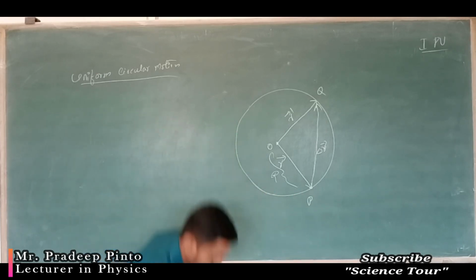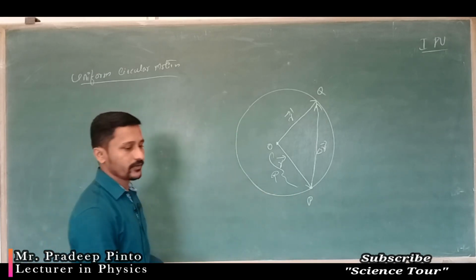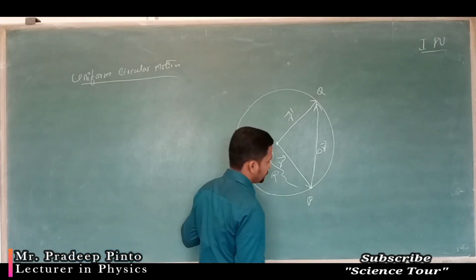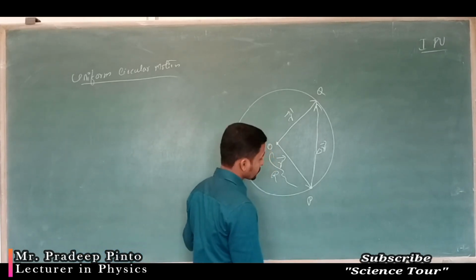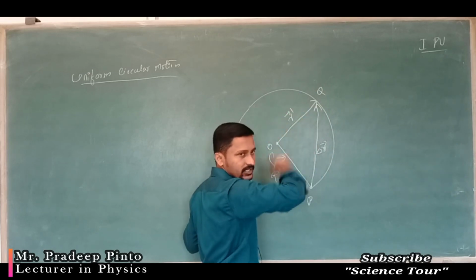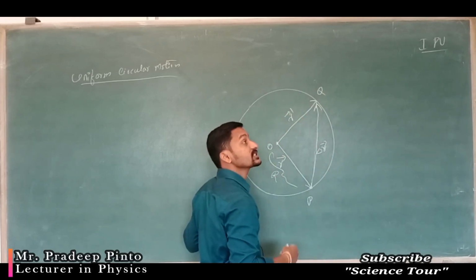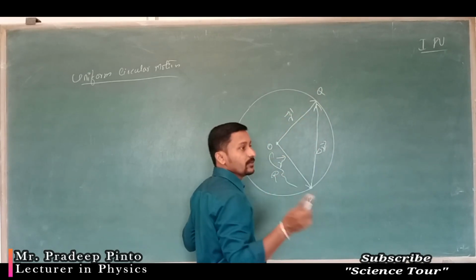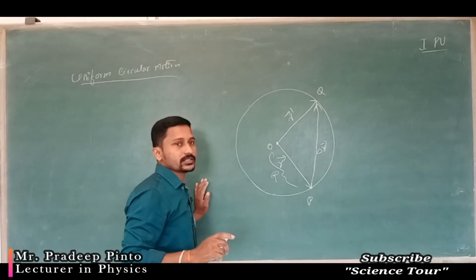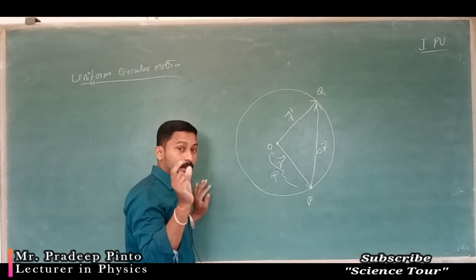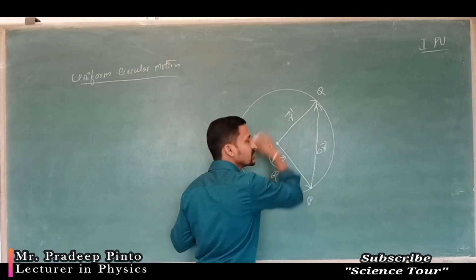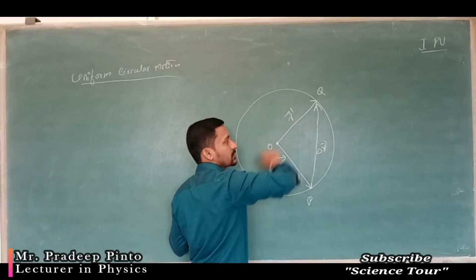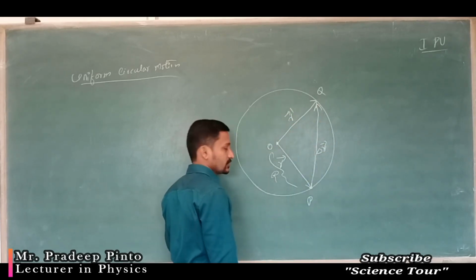Now I am going to write down what the velocity is. It is moving in a circular path with a constant speed, meaning that number is constant, like 23 meter per second. Then what is the velocity?